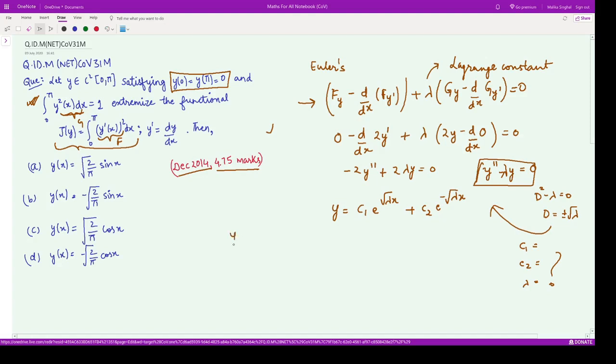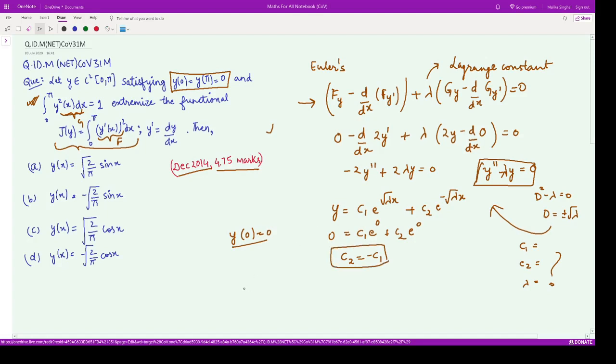Firstly let us substitute y of 0 is equal to 0. So we have 0, in place of y you will write 0, c1 e to the power 0 plus c2 e to the power 0. So you will basically get c2 is equal to minus c1. This is one condition.